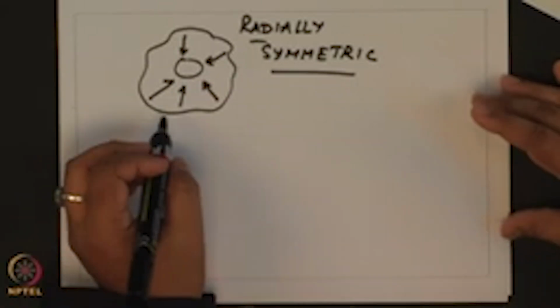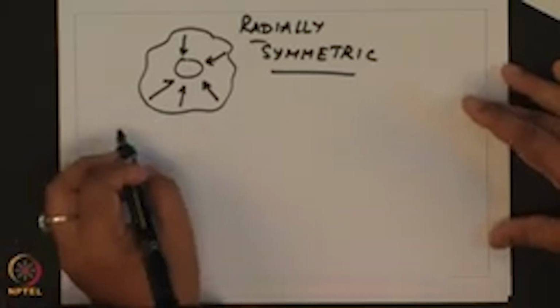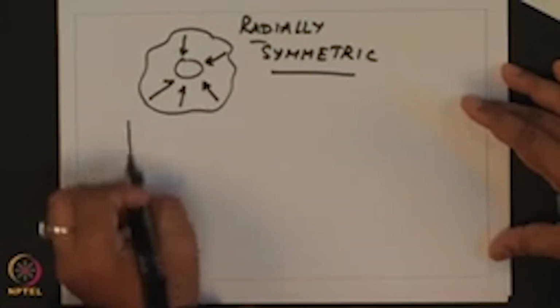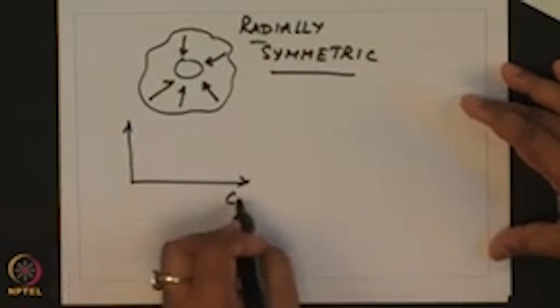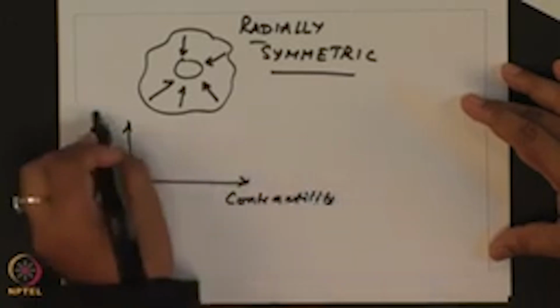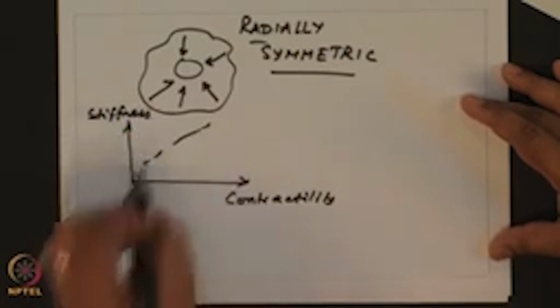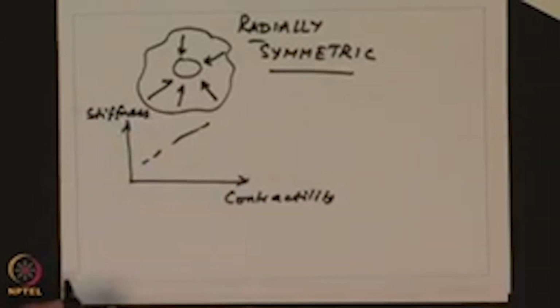Okay, radially symmetric. And using these experiments, a lot of people have shown that there is a linear relationship between contractility and stiffness. Okay, you should have a straight linear relationship.